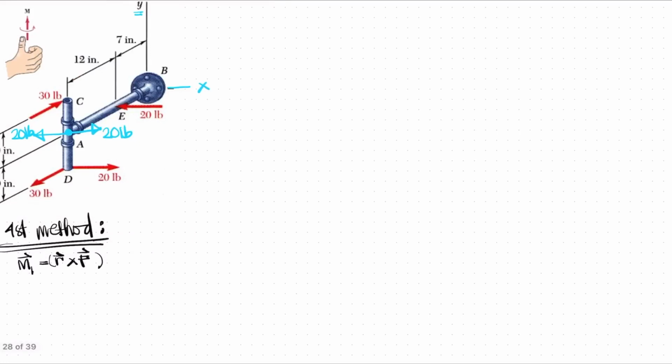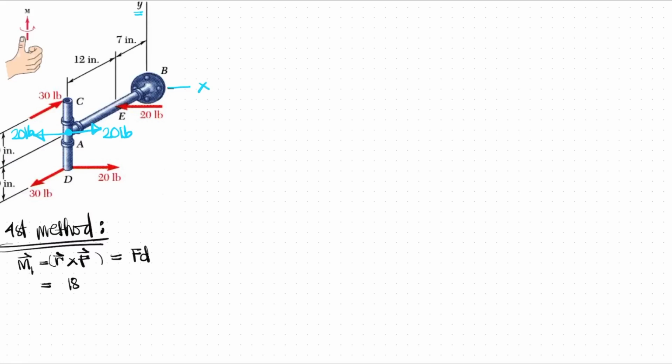So this is equal to, let's take this 30 first. The distance between these two is 18 inches. We can directly use force times perpendicular distance.